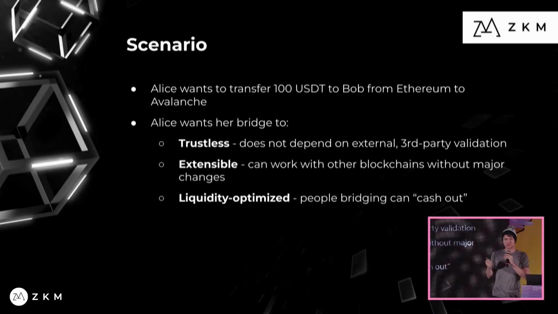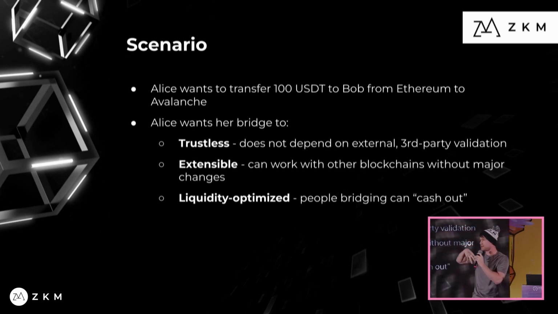So we're going to be exploring the different types of bridging situations. The simplest one is that Alice wants to transfer 100 USDT to Bob from Ethereum to Avalanche. Ideally, Alice wants to work with a trustless system where it doesn't depend on external third-party validation.